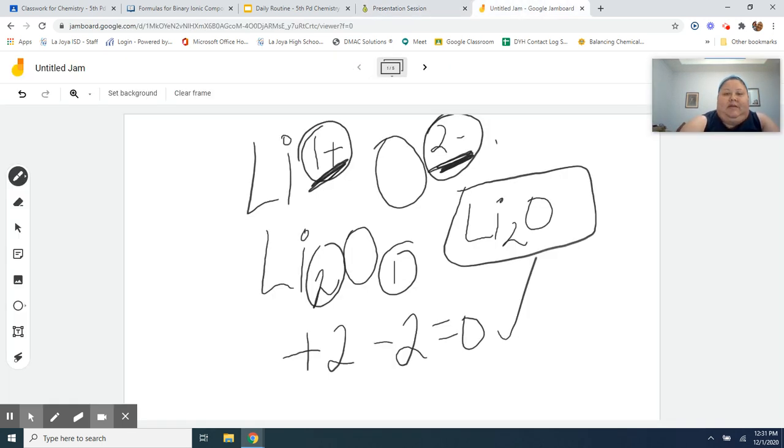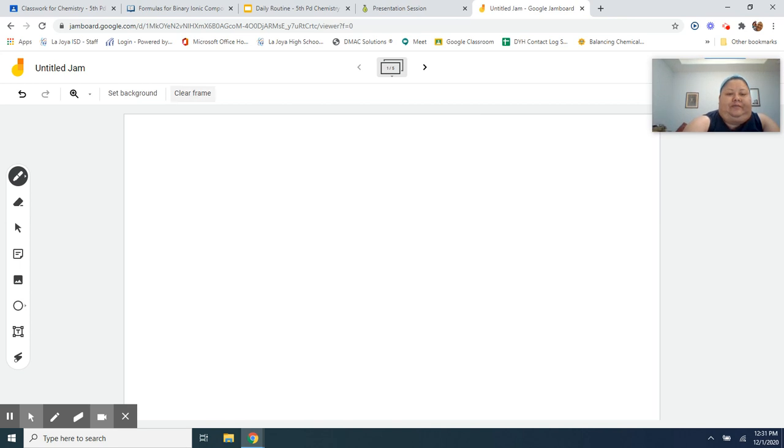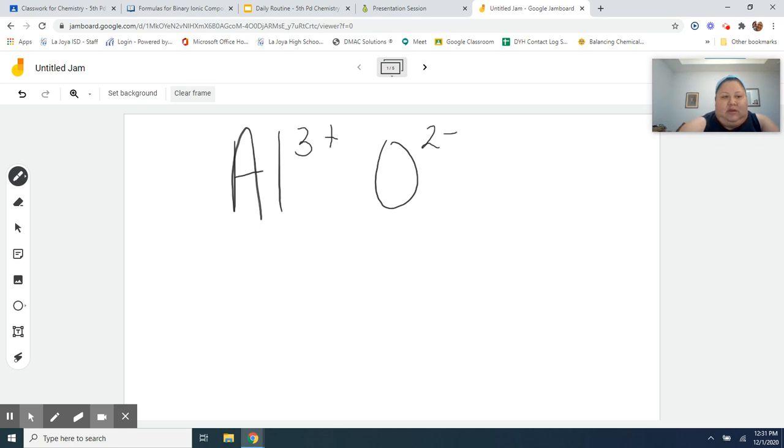Okay, let's clear this out. If I have aluminum with a +3, oxide or oxygen with a -2, I need to use that cross down method. And remember, when you cross them down, the plus and the minus disappear.